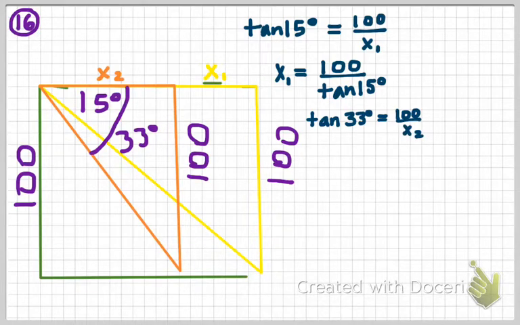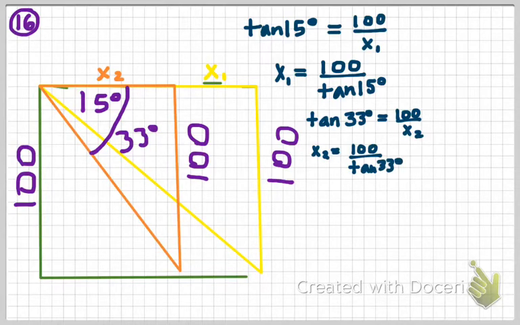Well, the distance traveled is the difference between the two, so I need to isolate x sub 2 here, which is 100 divided by the tangent of 33 degrees.